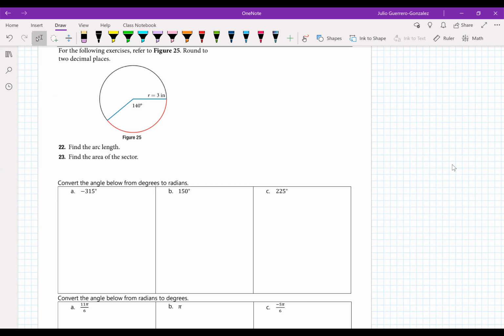Wait, so what divides the top and the bottom? 2. Okay, well, do bigger first. We can do 10. 14 over 18. Now, what reduces 14 and what reduces 18? 2.